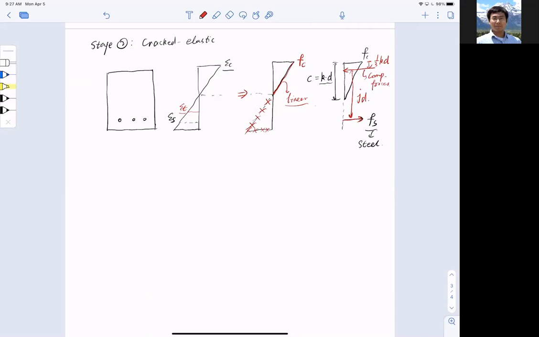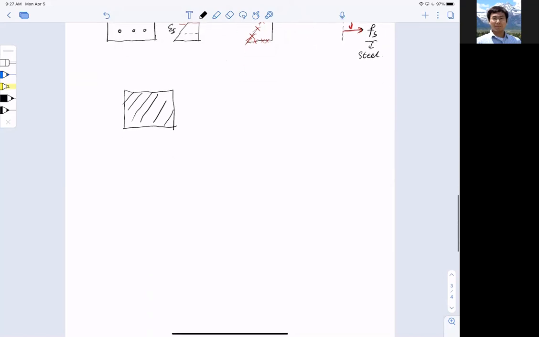All right. So here, this is a little bit hard to do. Why? Because now I'm looking at the section and it looks like this. I only have the top compression part still remaining for concrete. The bottom part is gone away because it is cracked. And for the lower part, I only have the tensile stress from steel, which I can now convert to be nAs.